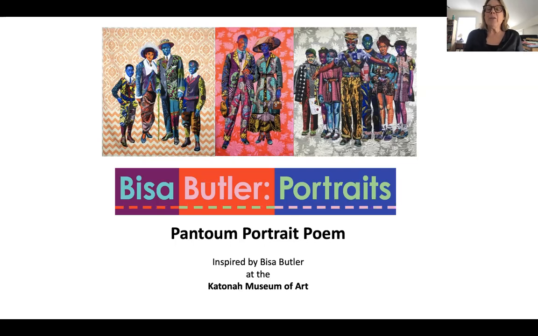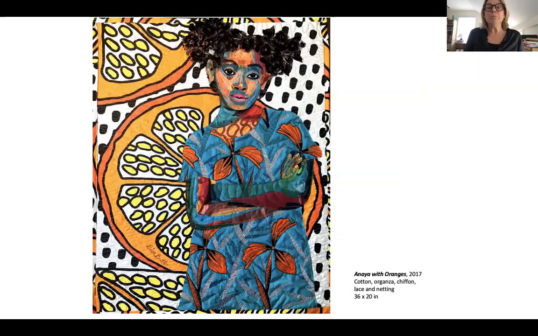I'll share with you how the form itself works, the pattern of the form, and then a draft that I wrote, and I'll talk briefly about that so that you have something to kind of bounce off as you're creating yours. So let's look at the two portraits that you can choose from today.